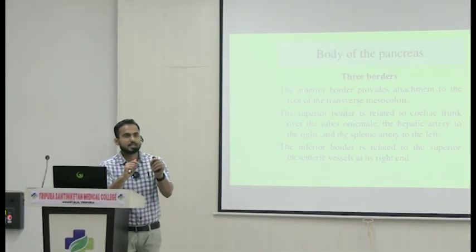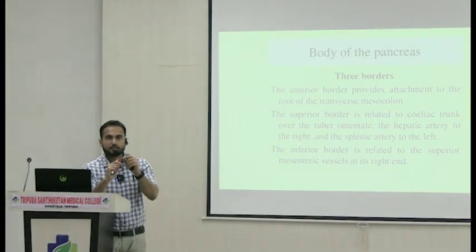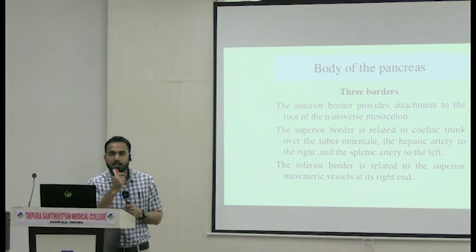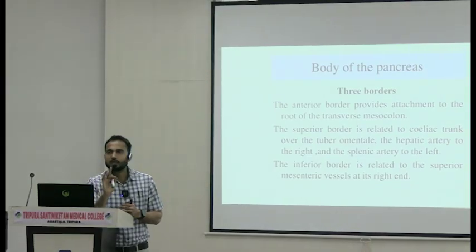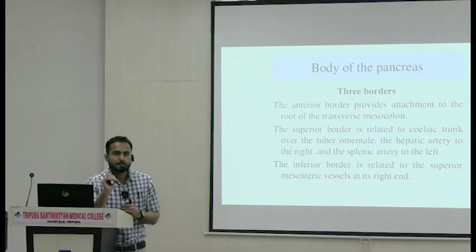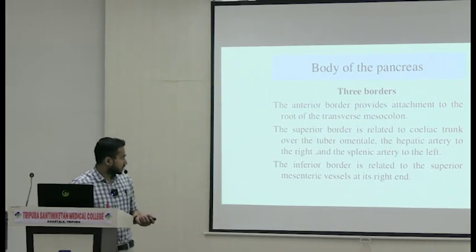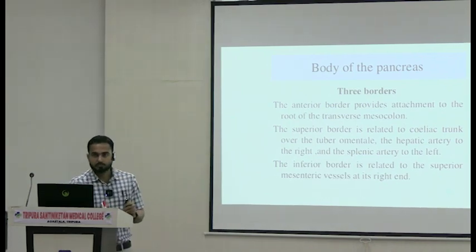After that, the tuber omentale is related to the celiac trunk, and from there if you go to the right side, it is related to the hepatic artery, and if you go to the left side, it is related to the tortuous splenic artery. So it is an important landmark. Next, the inferior border is mainly related to the superior mesenteric vessels on the right side.